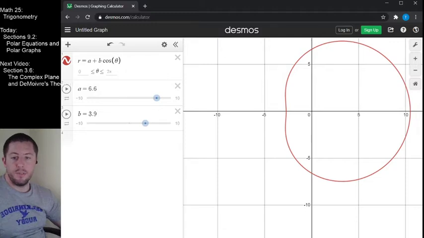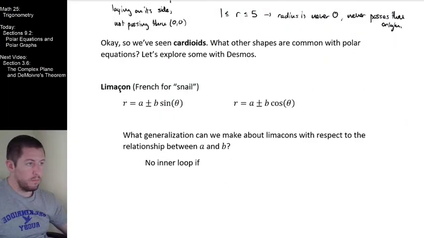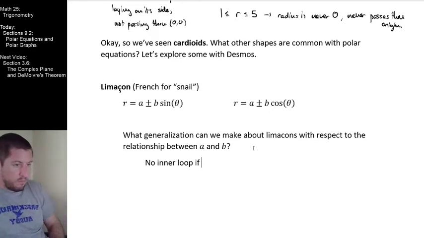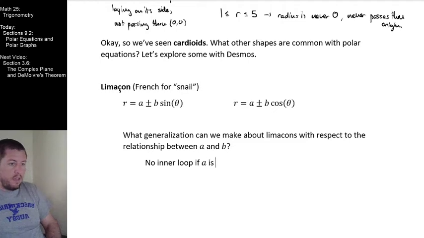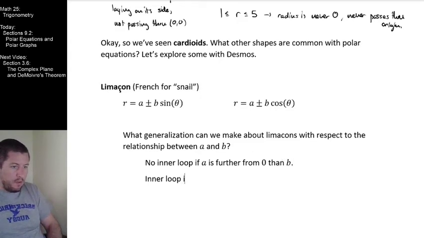So if A is further from 0 than B, no inner loop. Inner loop if B is further from 0 than A.